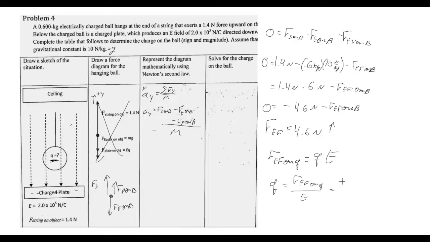In this case, this is 4.6 newtons over 2 times 10 to the 5th newtons per coulomb. This gives us a result of negative, technically, 2.3 times 10 to the negative 5th coulombs. I put the negative in there because it is a negative charge, right? Alright, let us move on.